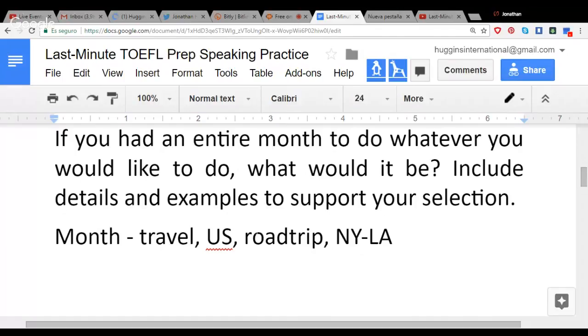Everybody who does this, even myself, you can hear me struggling with 15 seconds and 45 seconds, going through my phrases, going through the template, going through the details, trying to develop this answer as best as I can. It can be a struggle to think quickly, speak quickly, sound coherent, be aware of your pronunciation, be aware of your grammar, and use a variety of phrases.